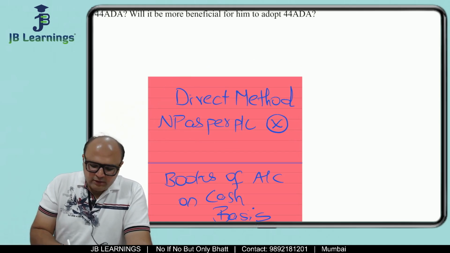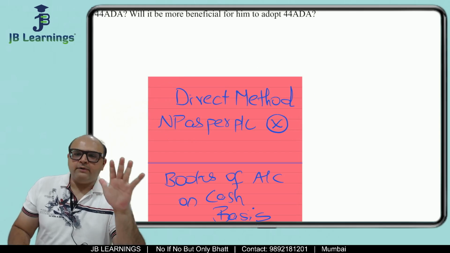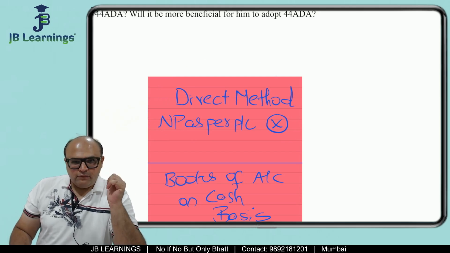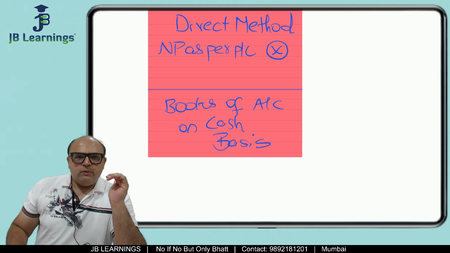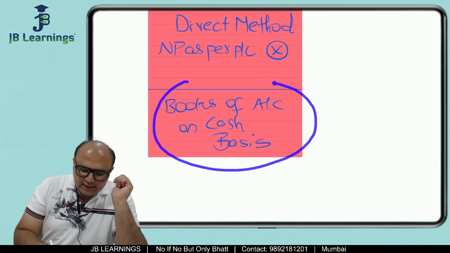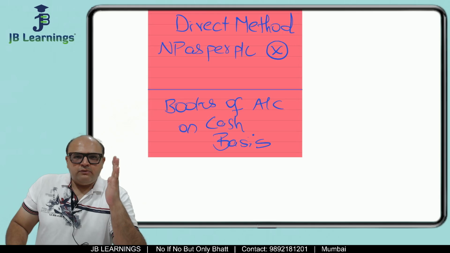We are supposed to use direct method when net profit as per P&L is not given in the question. Now another reason why this question is very special is that in this question it is given that for PGBP the books of accounts are maintained on cash basis. Cash basis is something very important.